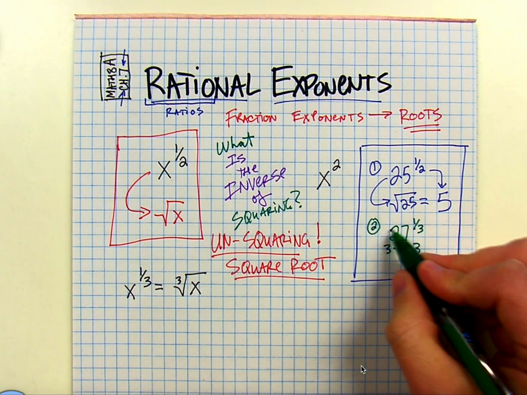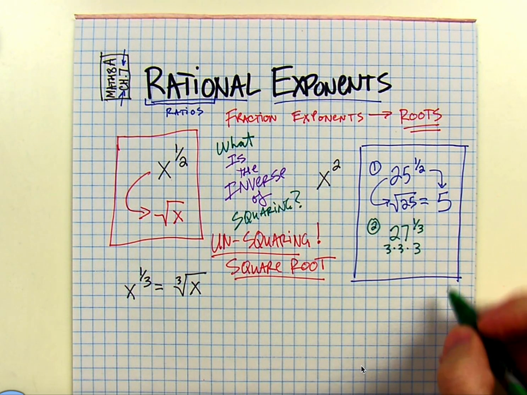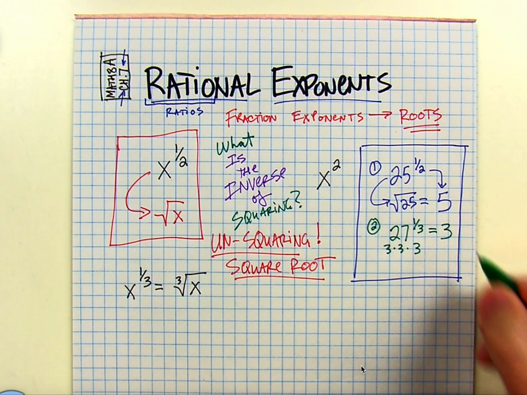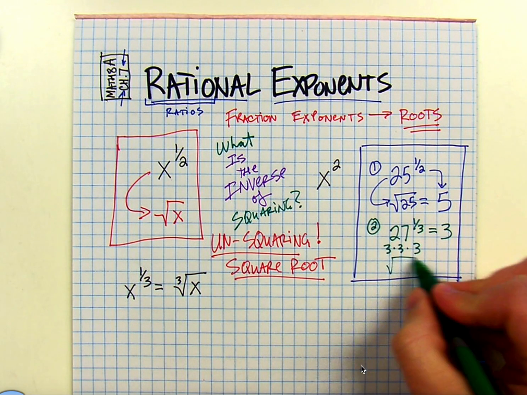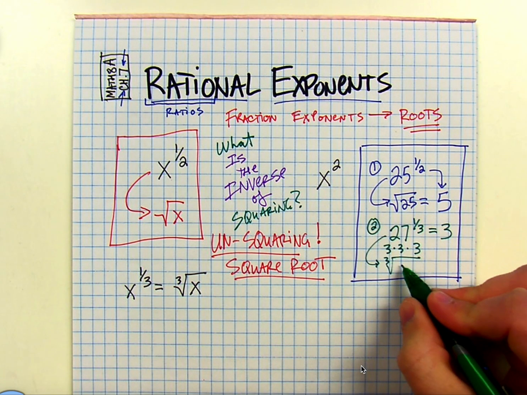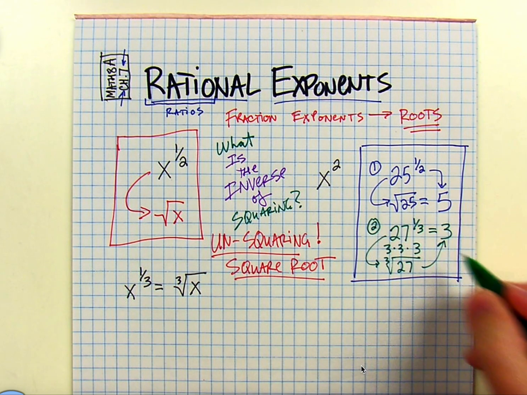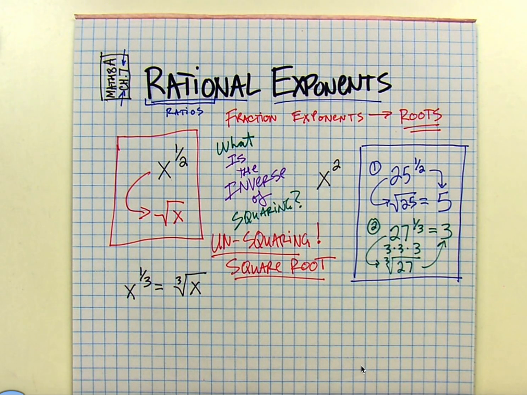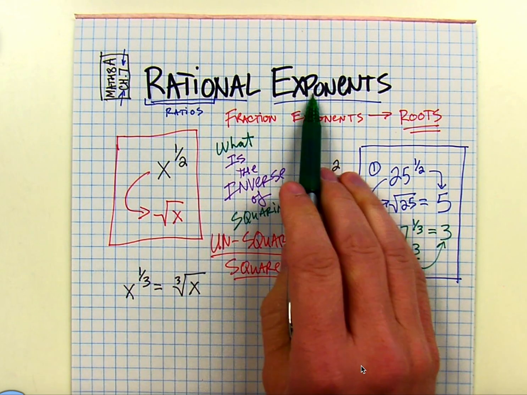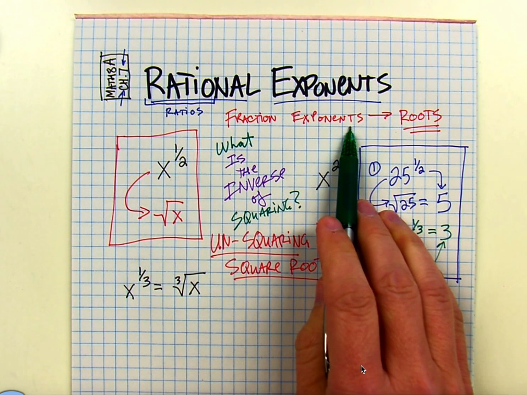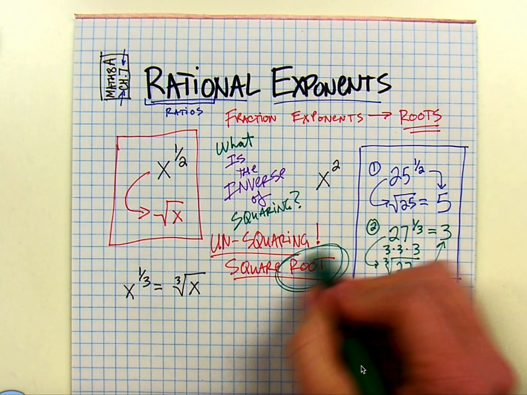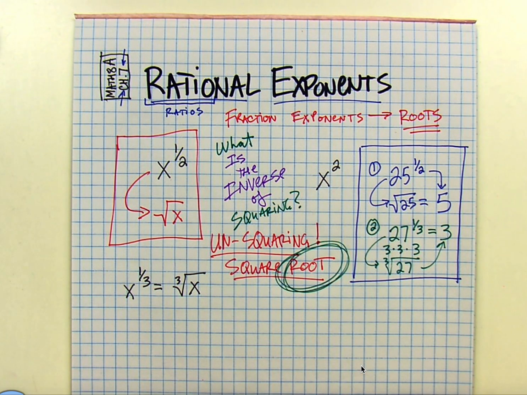And so, what is 27 to the 1/3? It is 3, because 27 to the 1/3 means we are cube rooting that 27, or uncubing it. All right, so this is what we are doing when we do rational exponents or fraction exponents. We're really just doing roots.